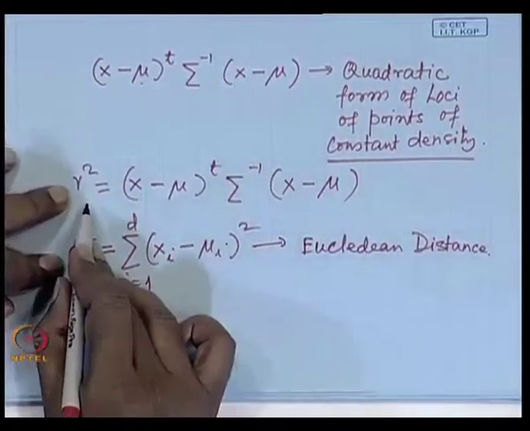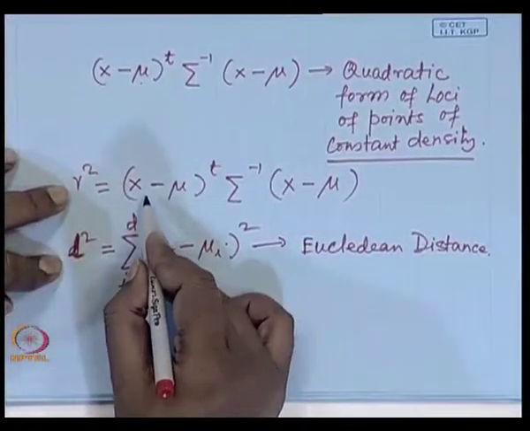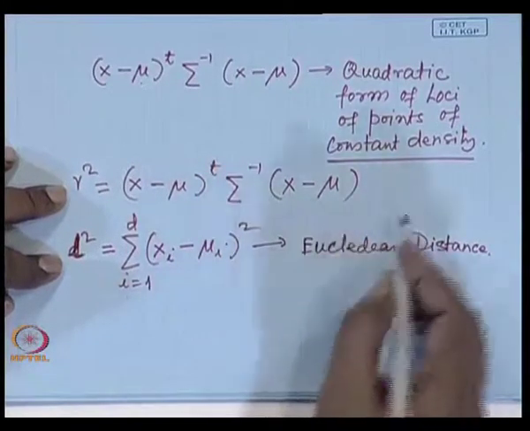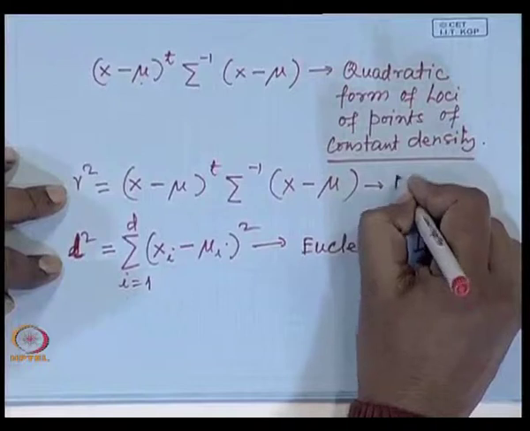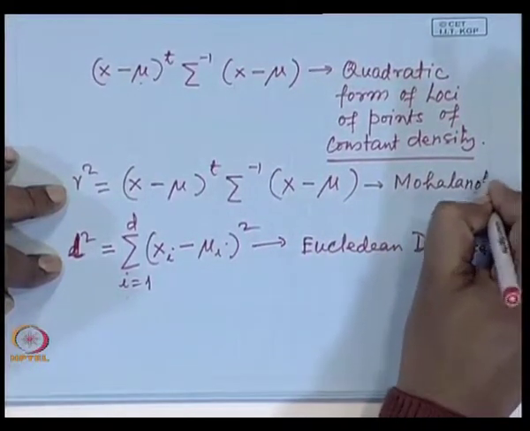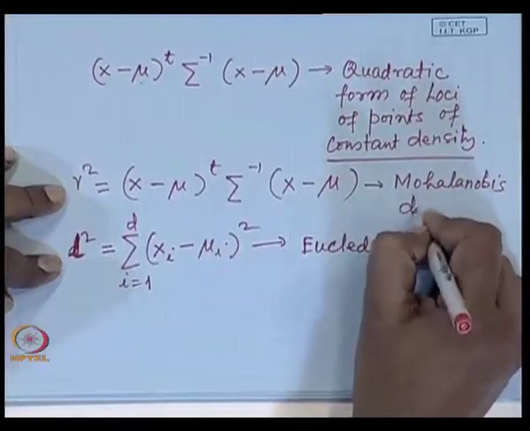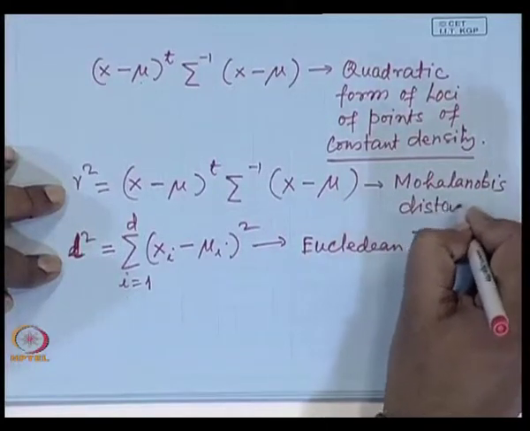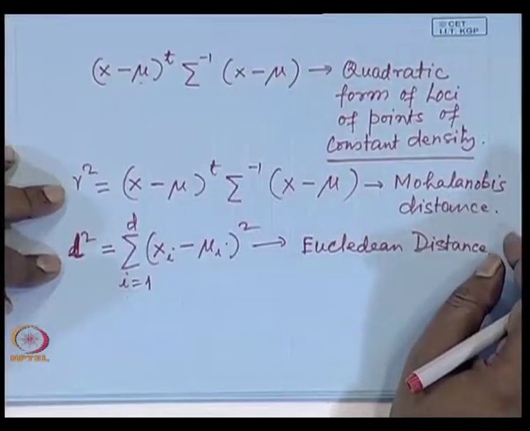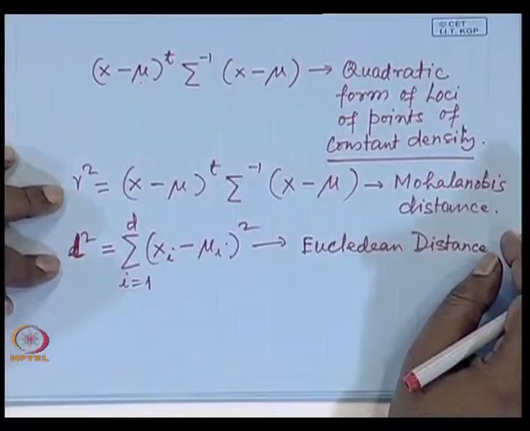Okay. This distance function, if I define as (x minus mu) transpose sigma inverse (x minus mu), this is what is called Mahalanobis distance. Named after the great statistician P.C. Mahalanobis. Okay.